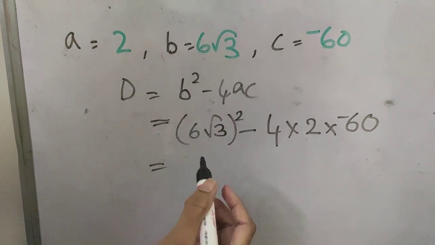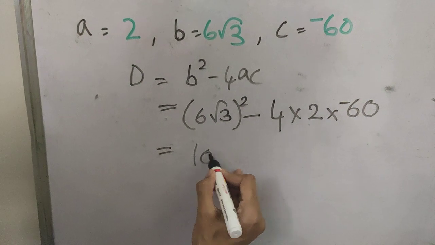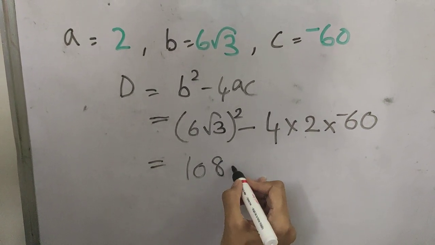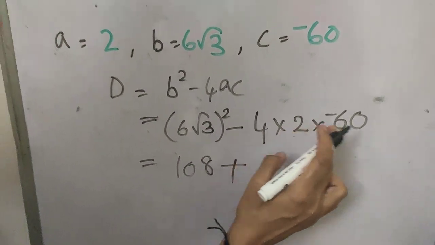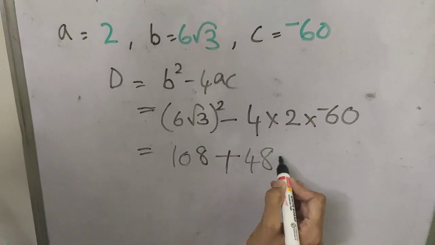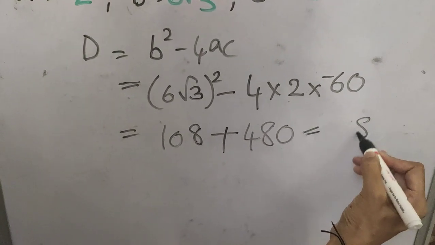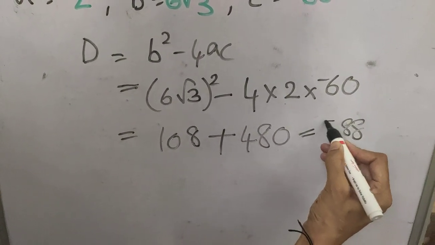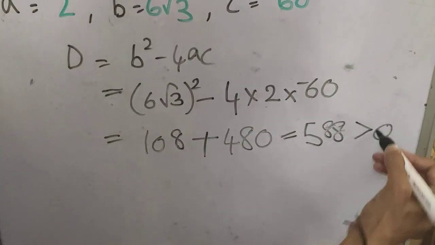Root 3 square is 3. What is 36 into 3? 108. Correct. Plus, because minus into minus is plus, 4 2s are 8, 8 6s are 48, so 480. So what do you get the answer? 588 we get the answer. And it is definitely greater than 0.